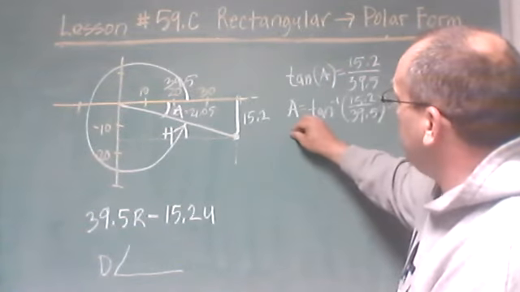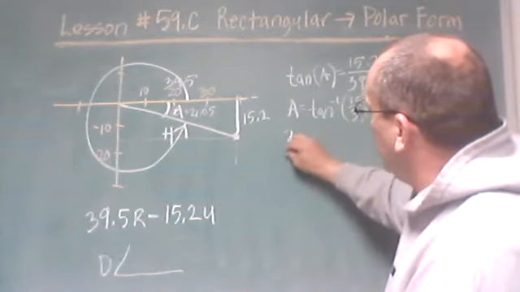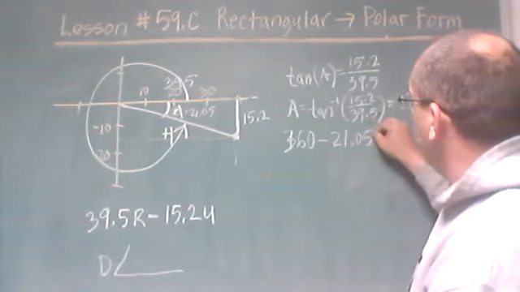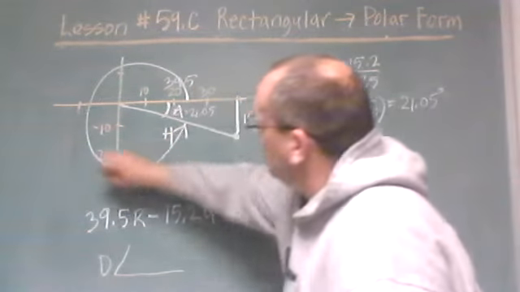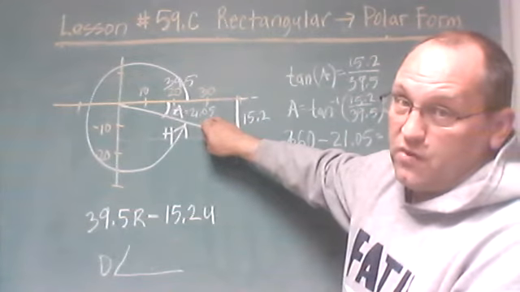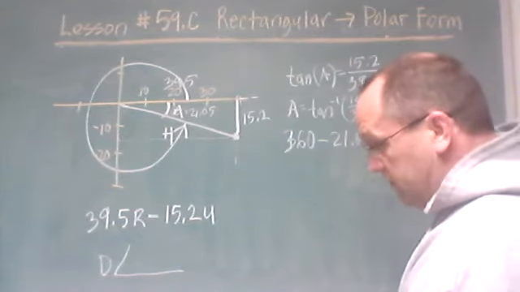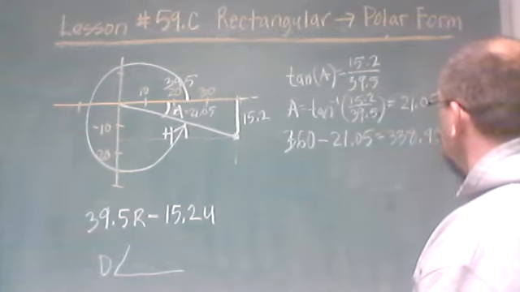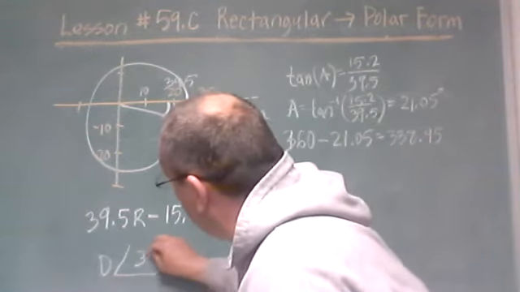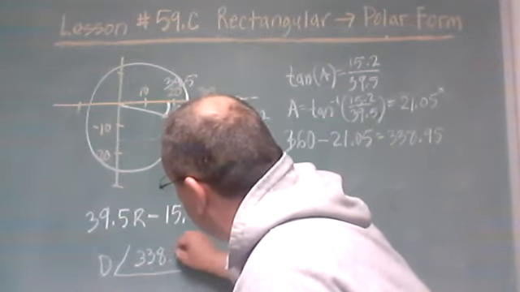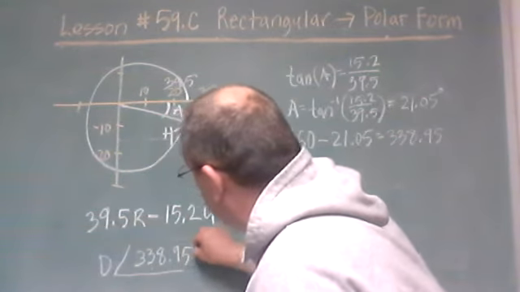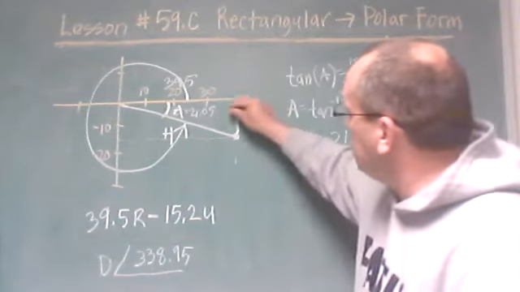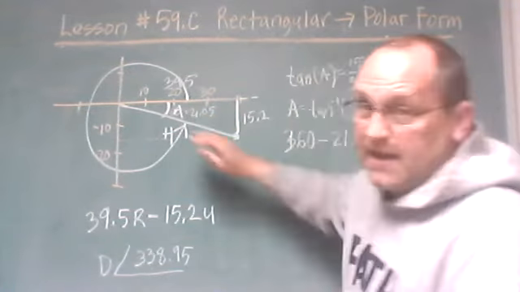The angle we need is going to be 360 degrees minus 21.05, because it's all the way around the circle except this 21.05 degrees. When we do that, that comes up to 338.95. That is the angle we use here, 338.95, because it's measured from our x-axis.